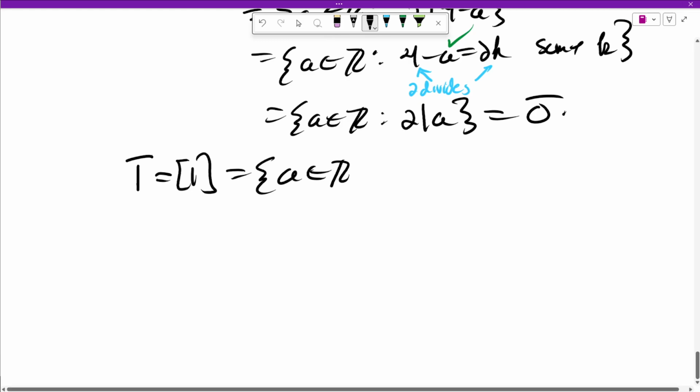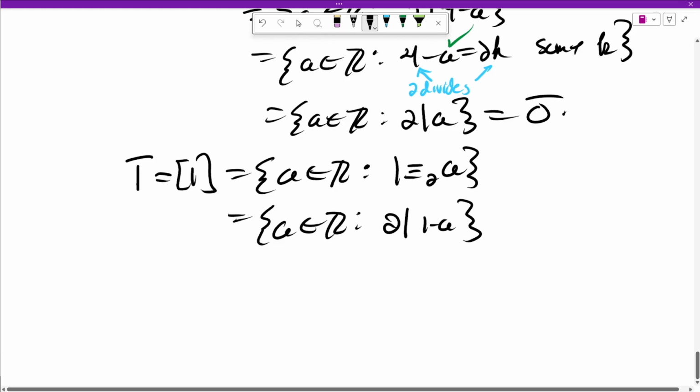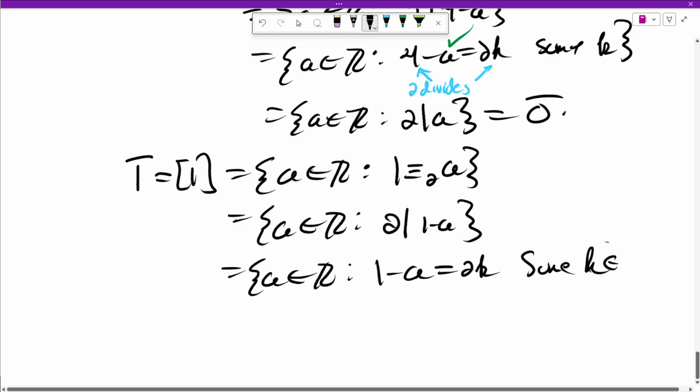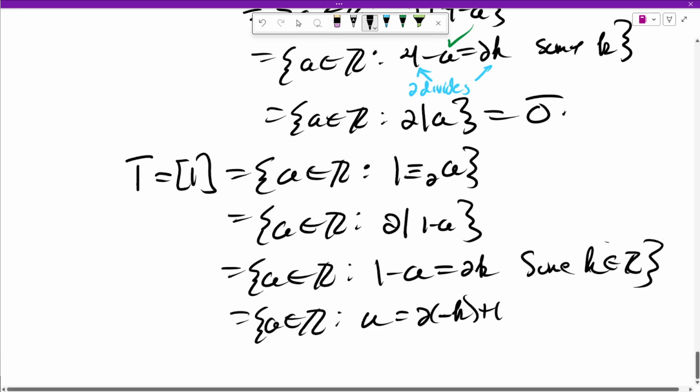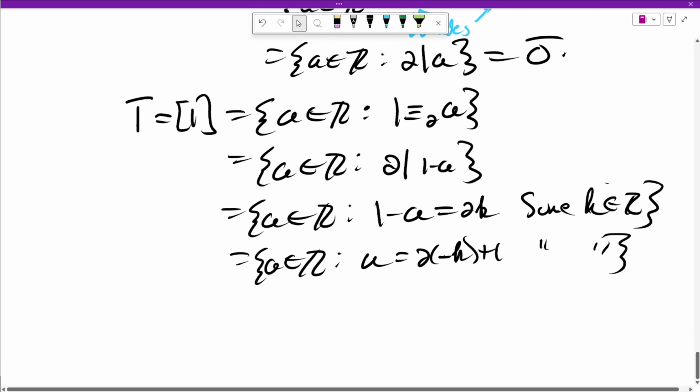That's the collection of all A's in Z such that 1 is congruent mod 2 to A, which is the collection of all A's in Z such that 2 divides 1 minus A. If we want to be more explicit, 1 minus A is 2k, some k in Z. We could solve here: we move the A over and subtract the 2, so A is 2 times negative k, plus 1.